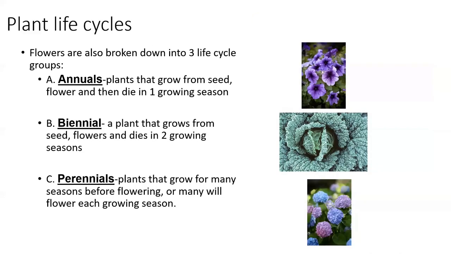Flowers can be broken down into 3 different life cycles. We have annuals, we have biennials, and we have perennials. Annuals complete their life cycle within 1 growing season. So they will grow vegetatively, produce flower, go into their reproductive stage, and then die, all within 1 growing season.